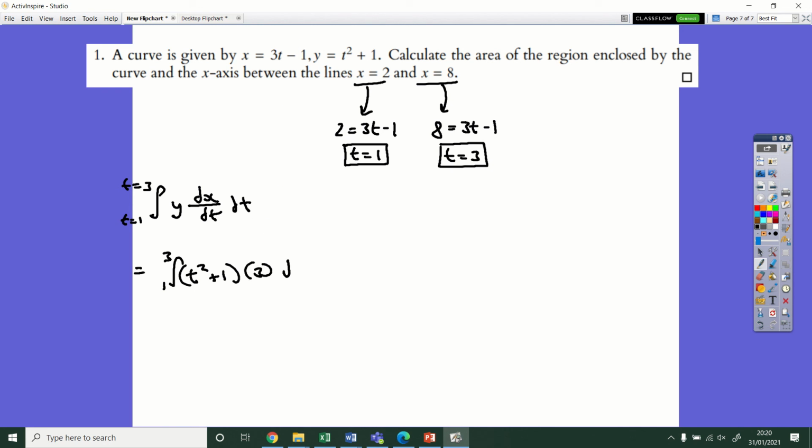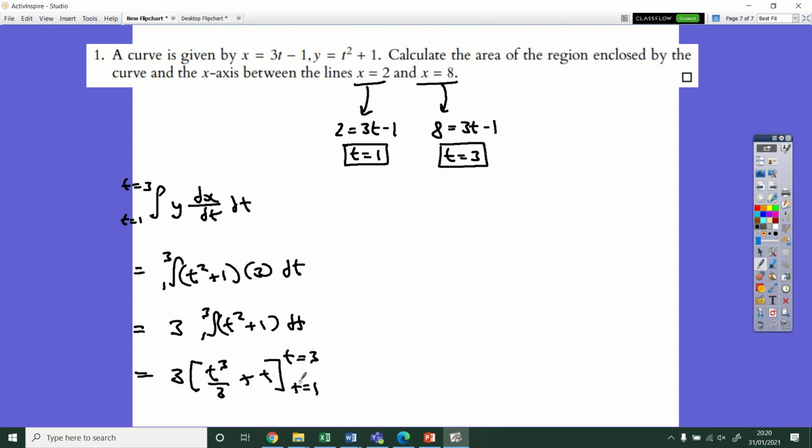And then it's dt. Okay, right, I'm going to go a little bit faster now, get to the end, so factor out 3. Then I'm going to integrate with the 3 at the front. t squared goes to t cubed over 3. 1 goes to t. We're integrating from t is 3 to t is 1, or I should say the other way around, but that's fine.